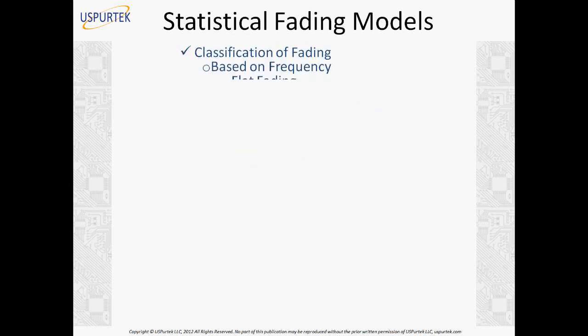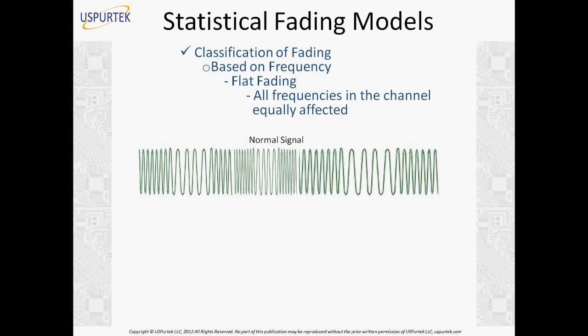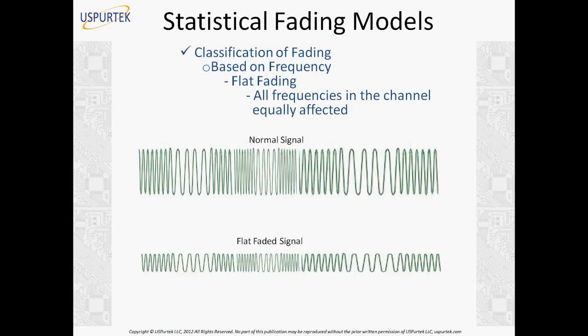Okay, so let's now move on to the next one. A classification of fading based on frequency. Now flat fading. When we say flat fading, that means all frequencies in the channel are equally affected. In any signal, even if you have a single carrier frequency, you still have a band around that carrier frequency.